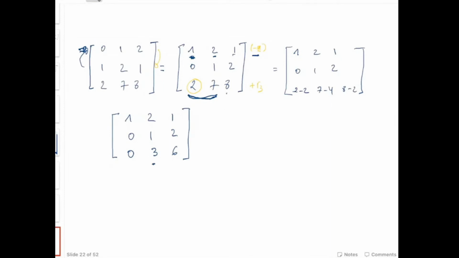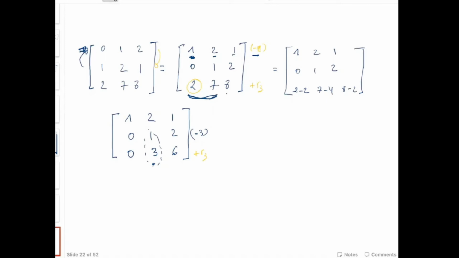What we can do here is remove this one by multiplying the second row by -3 and adding it to the third row.